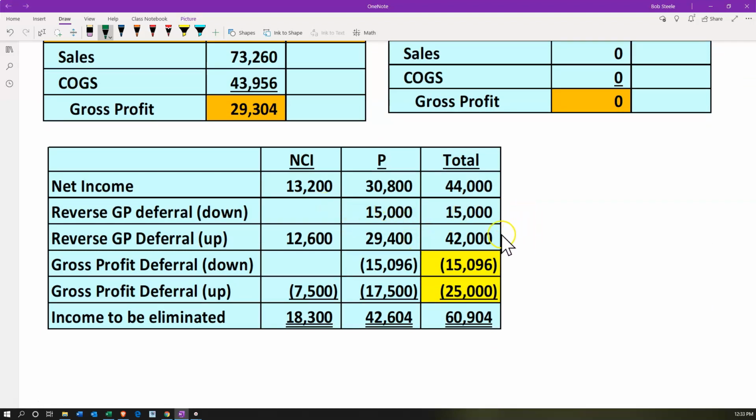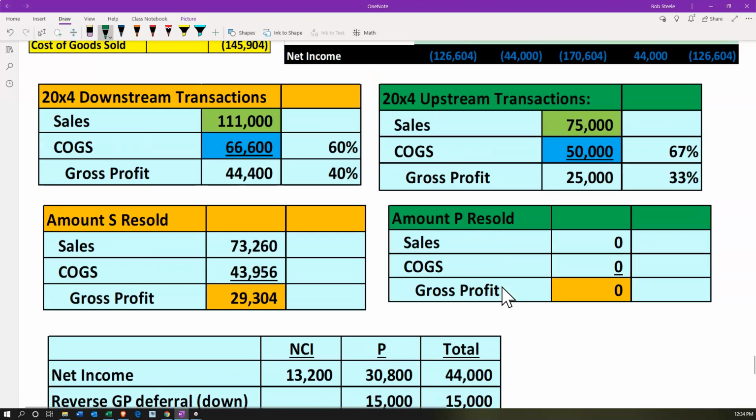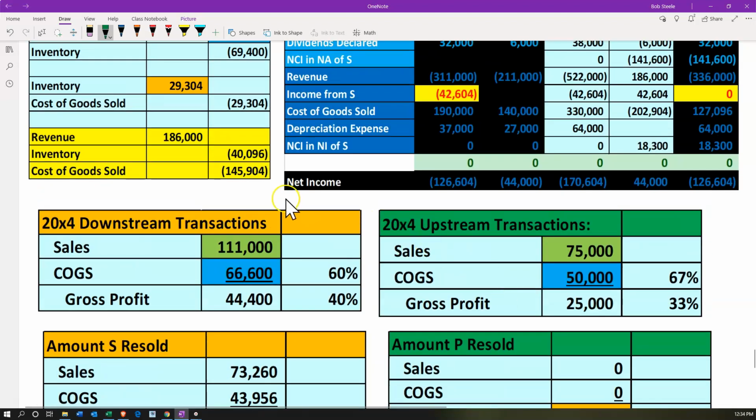The activity from the prior year. So we really just need to take in the current year numbers somehow, these two numbers. So the 15,096 and the 25,000, we're not going by up and down, we're basically going by the current year now. So the 15,096 and the 25,000, that's going to be the 145,904.